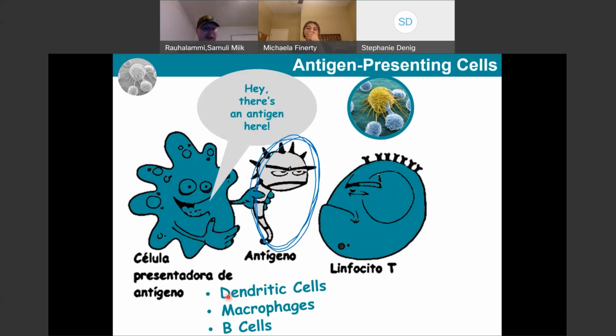And there's many different types of these: dendritic cells, macrophages, certain B cells as well, and so on. So you don't need to know anything else than that the antigen presenting cells can't act on these pathogens themselves, but they draw the rest of the immune system's attention to these pathogens. So they kind of are assistants, helpers.